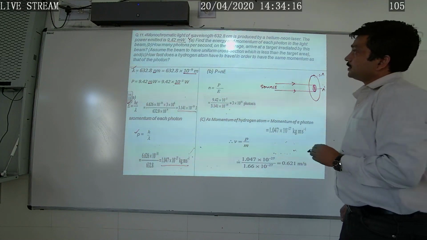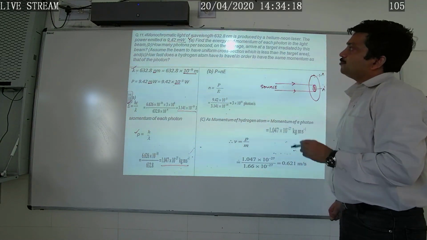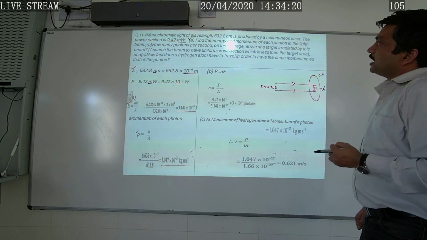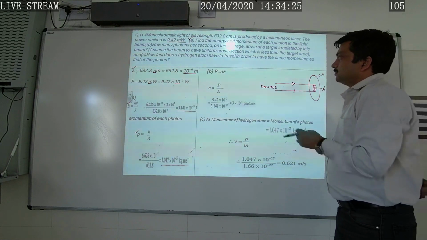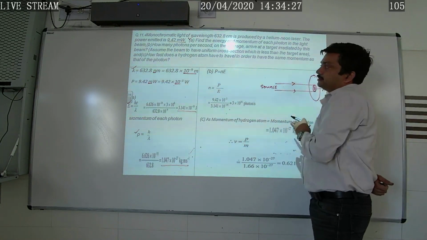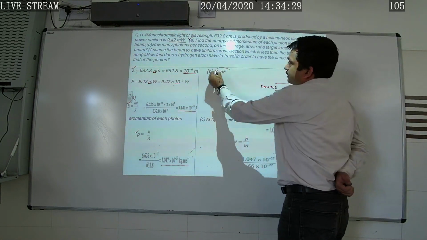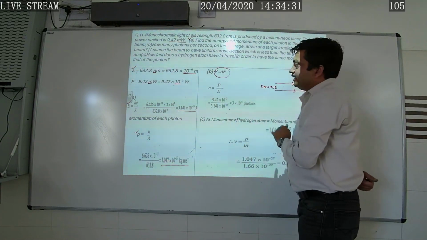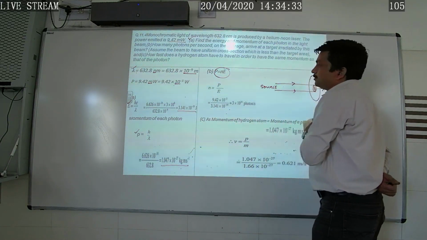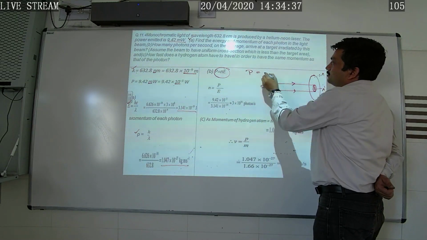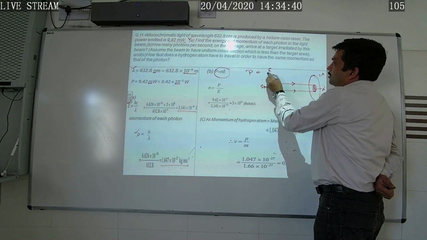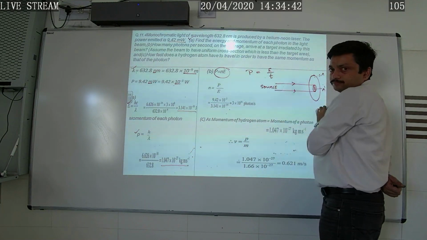Further, in the B part, we are asked how many photons per second on the average arrive at the target irradiated by the beam. How many photons are reaching this target? Here the formula is P equals NE. Why is it written as P equals NE? Power is energy over time.